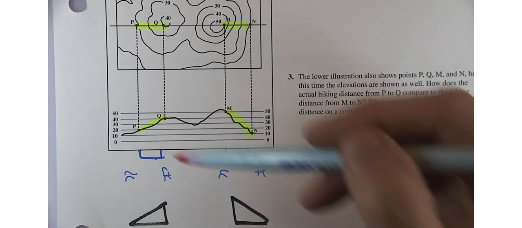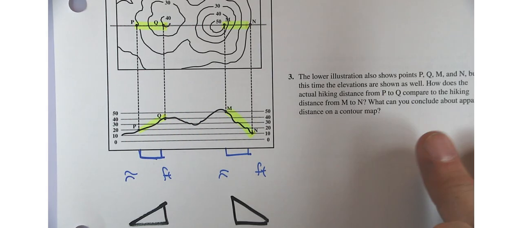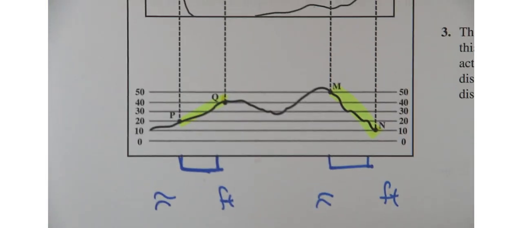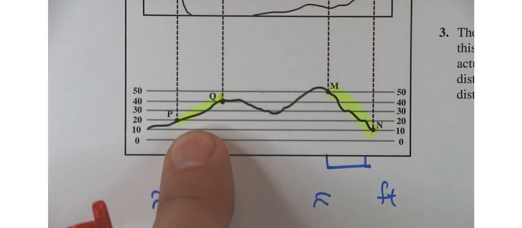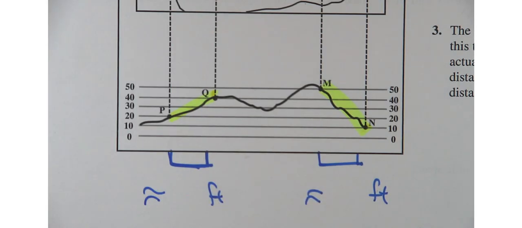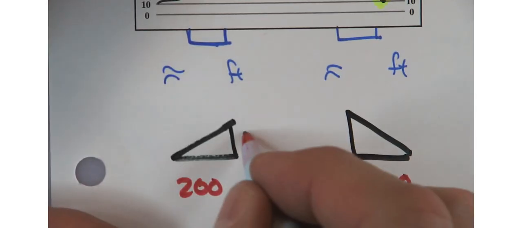Well, we got to estimate how much altitude you're gaining for each of these. So let's take kind of a close look. How much altitude does it look like we're gaining in the first person's journey? This one. How much height did you gain? Yeah, about 20 feet. So I'll put in a 20 here.